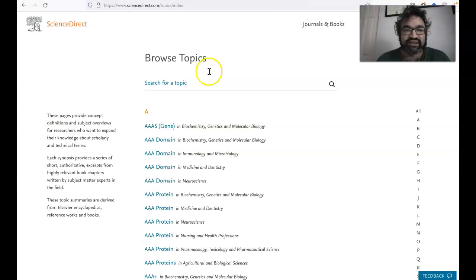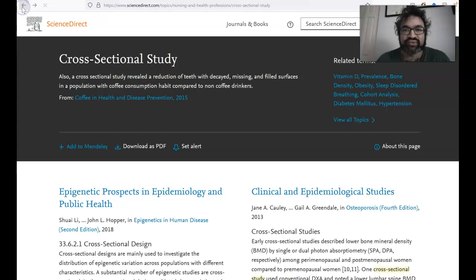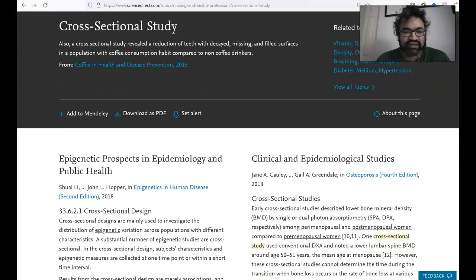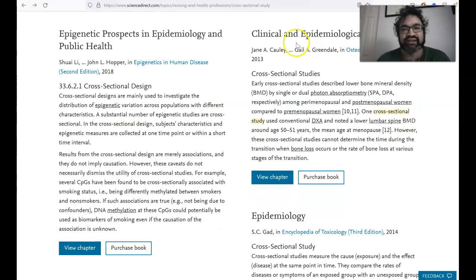So you can just go through the list. We're going to be talking about vitamin D, bone density, obesity, sleep disordered breathing, diabetes, hypertension. So just scroll through this group of articles and list.